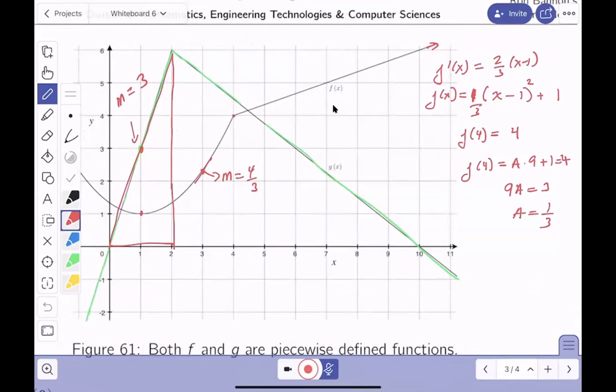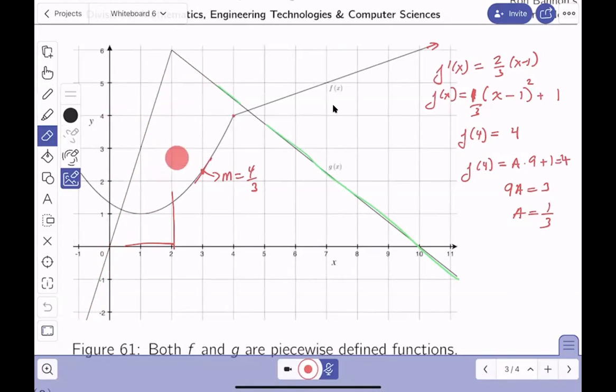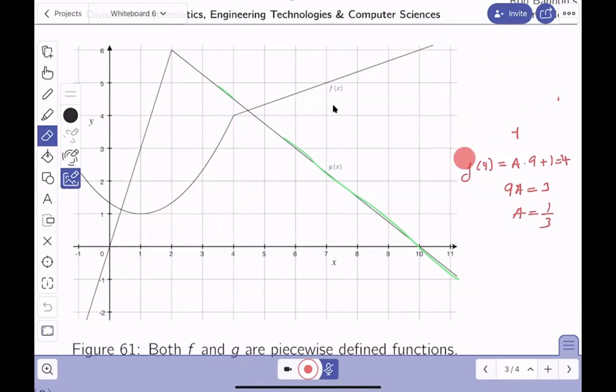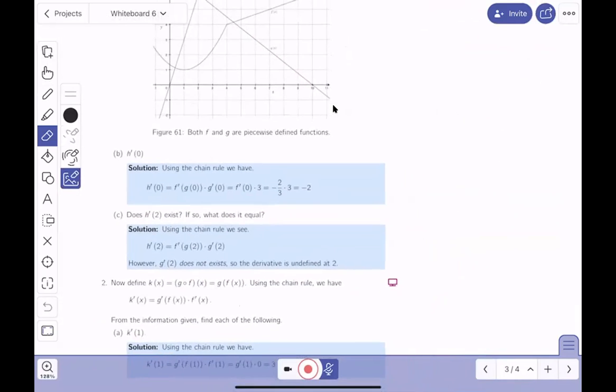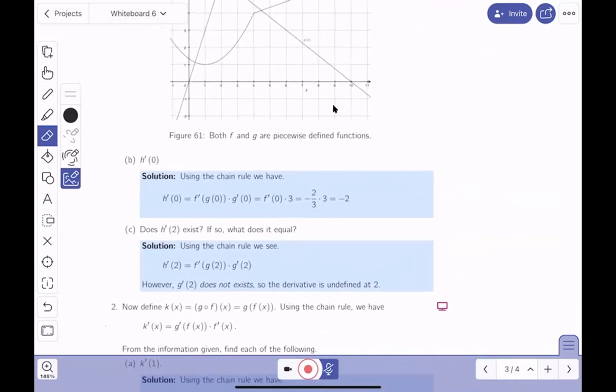I'm going to get my eraser out. I'm going to erase all this stuff over here because I'm going to have to reuse the picture. Don't be discouraged. I know this is tough. We're not even at using a rule yet. Okay. Let's do h prime at 0.